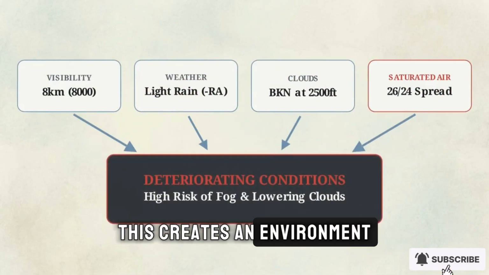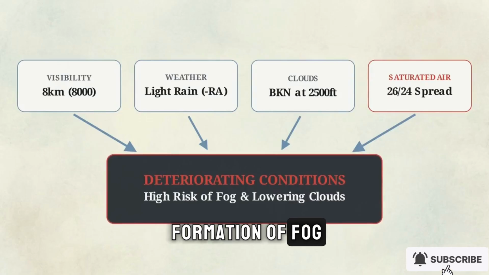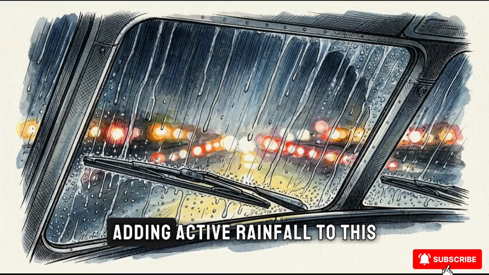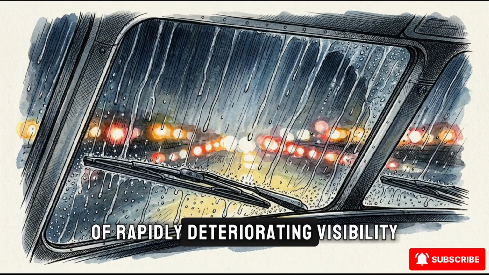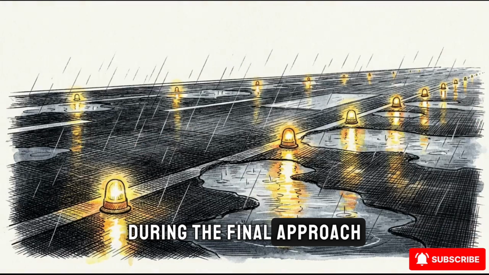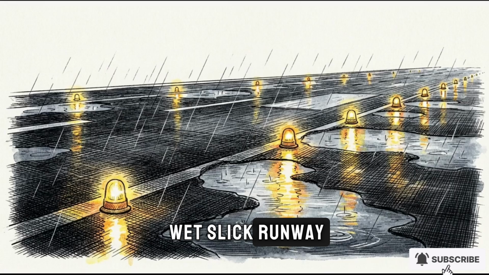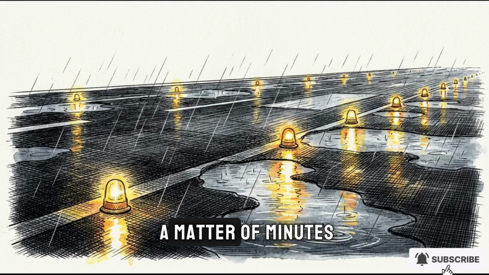This creates an environment primed for the sudden formation of fog or even lower cloud bases. Adding active rainfall to this high humidity creates a high probability of rapidly deteriorating visibility during the final approach. A pilot sees a wet, slick runway and anticipates that 8 kilometers of visibility could drop significantly in a matter of minutes.